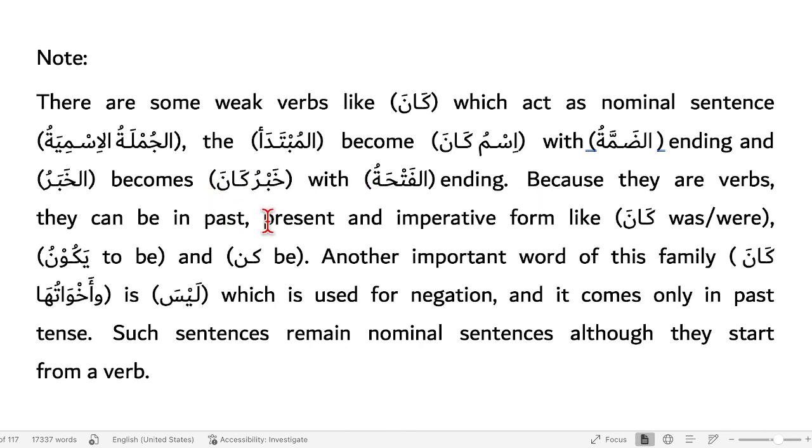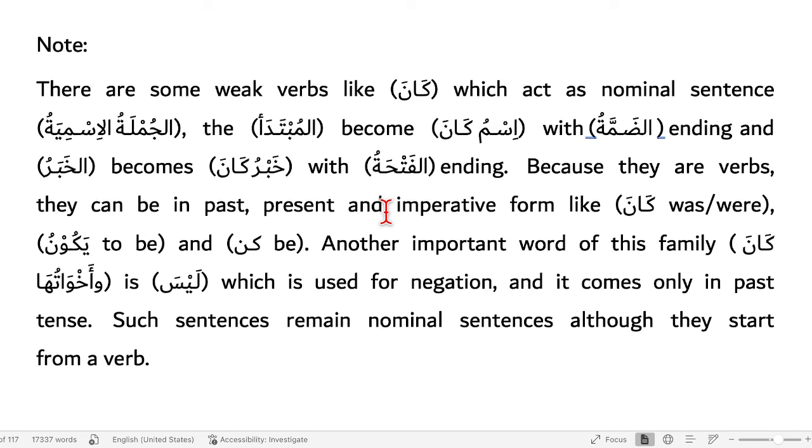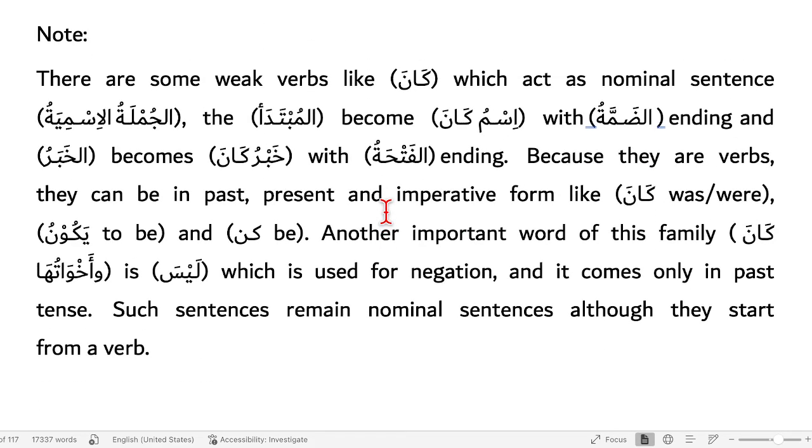Because they are verbs, they can be in the past, present and imperative form, like kana, he was; yakunu, the present tense, to be; kun, this is the imperative or command verb, be. Keep this in mind, because when we go to Surah Yasin there are going to be some examples, and I will show you how that works. Kana and its sisters do the formation like this.